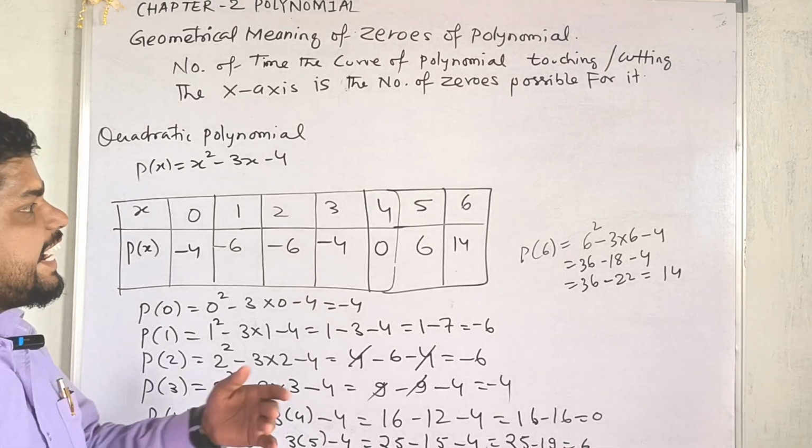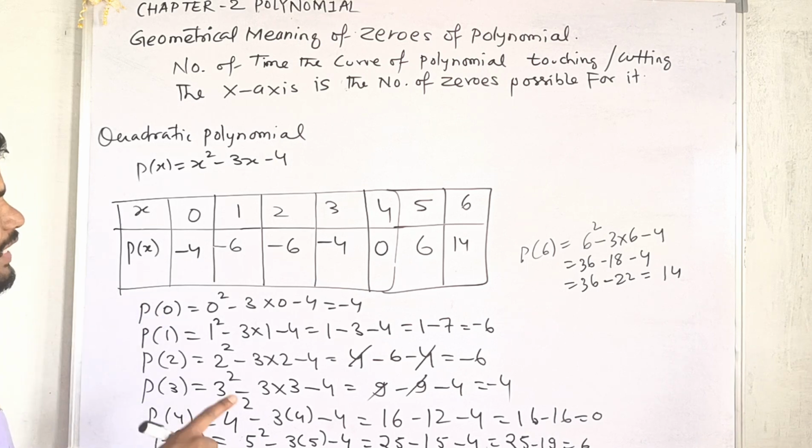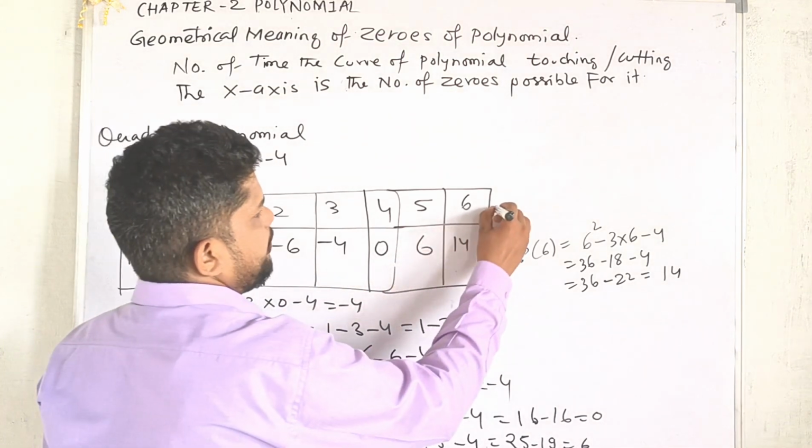Let's try to put negative numbers for the value of x. So when you put negative numbers, let's say minus 1.